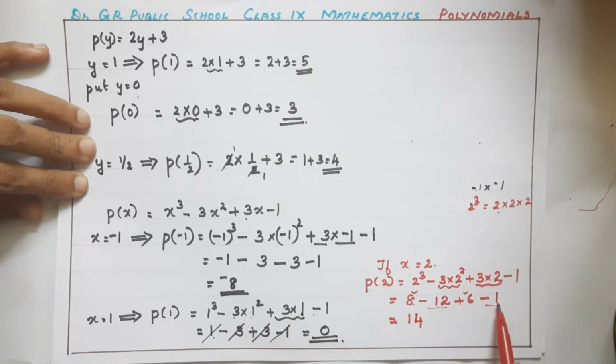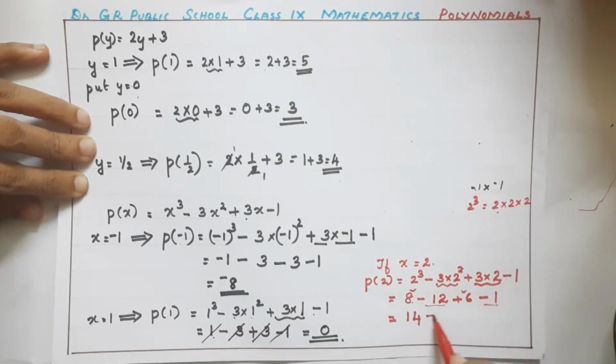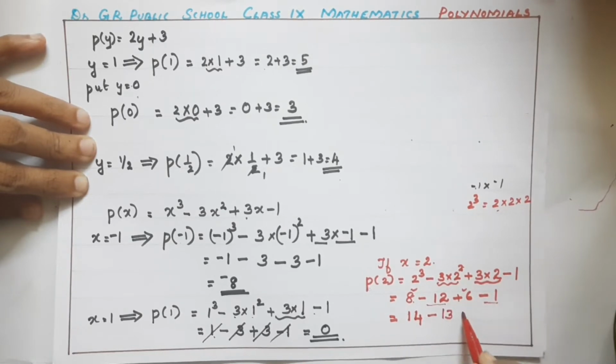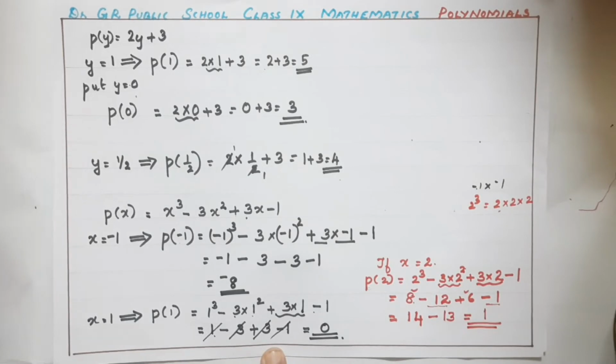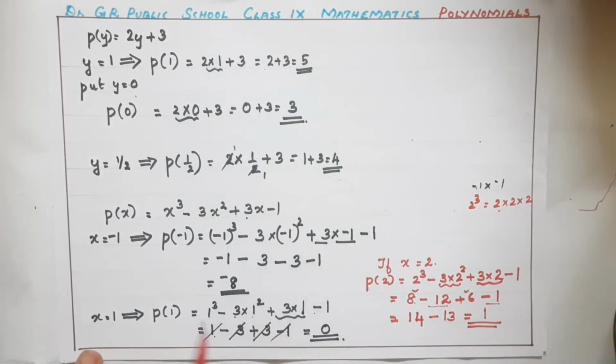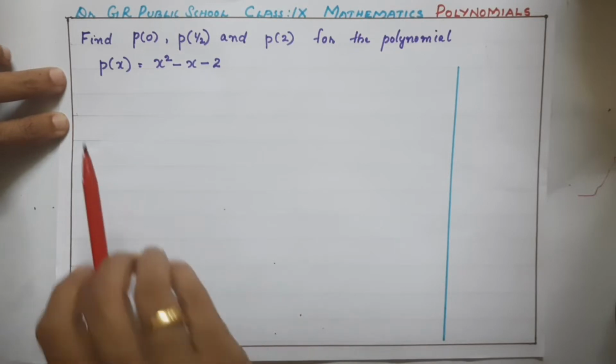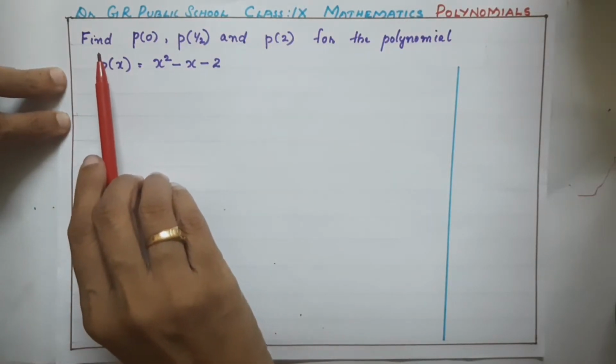So 12 plus 1, 13 and then same sign. So minus 13. So what is the answer? 1. So when we put different values for the variable in a polynomial, we will get different values for the polynomial.